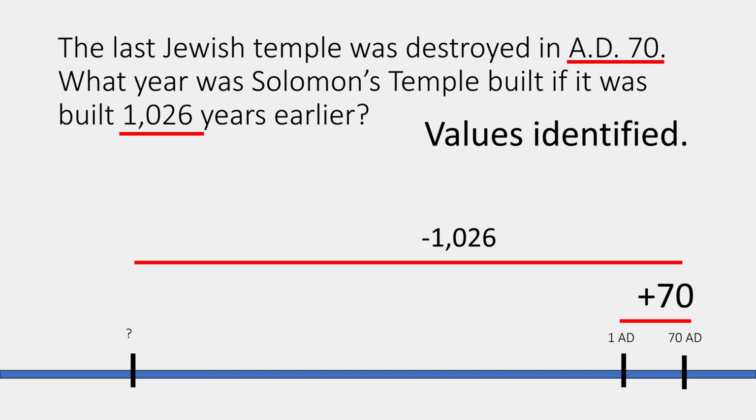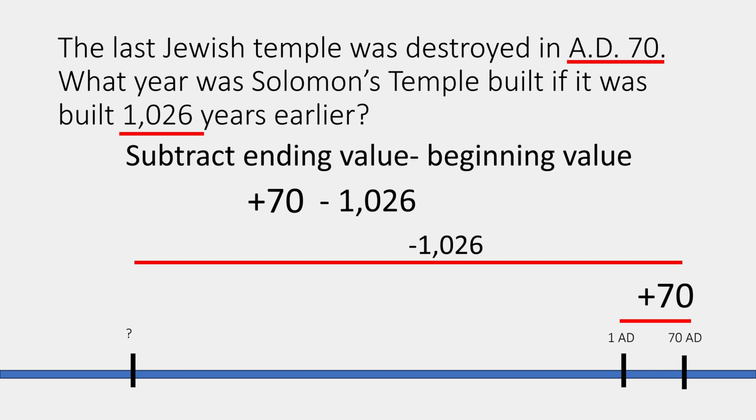So let's identify the values. AD 70, that's going to be a positive since it's AD. And since we are subtracting, we're just going to subtract the 1026. So we always start with the number closest to our date, which is 70. That's a positive number. You never normally write the positive, but for learning purposes, we will. Subtract 1026.